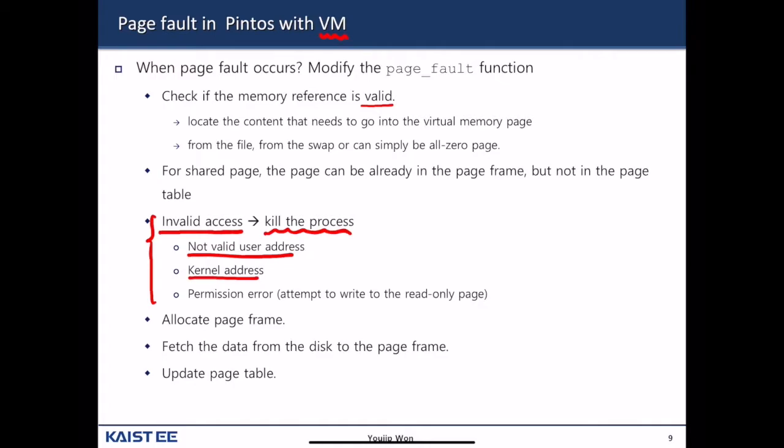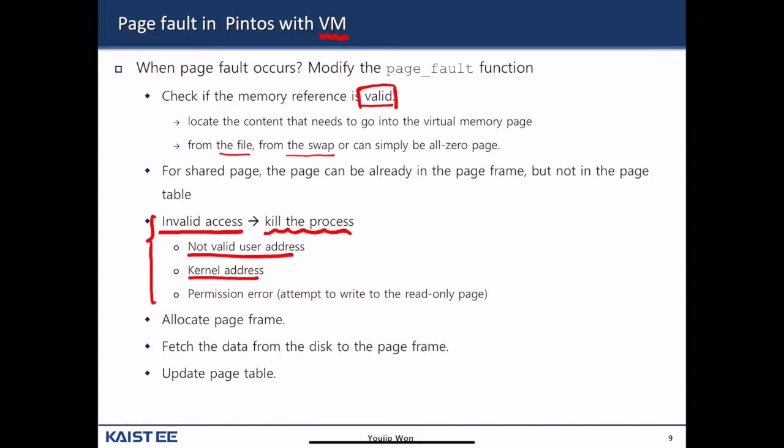It may be read from the actual file, or it may be read from the swap space, or it can be simply an all-zero page. In that case, the address is valid, and you have determined the original location of the page from the file or from the swap space, or you just simply need to allocate a page frame.